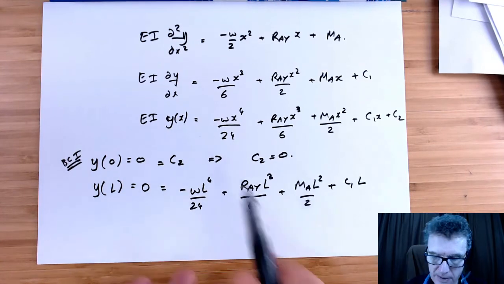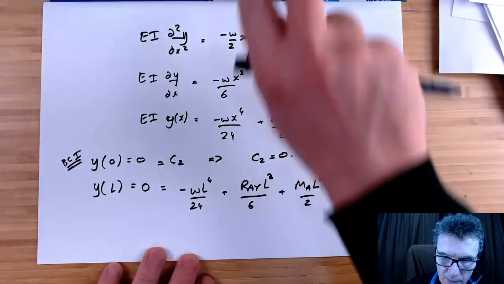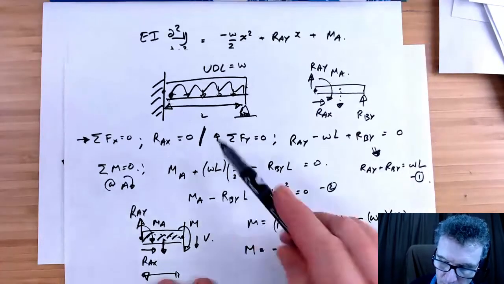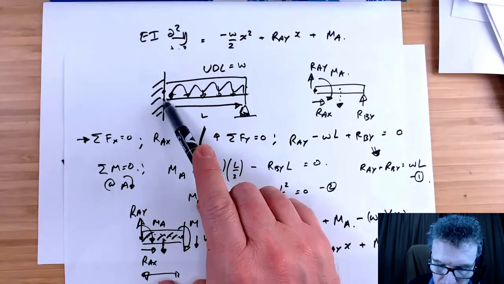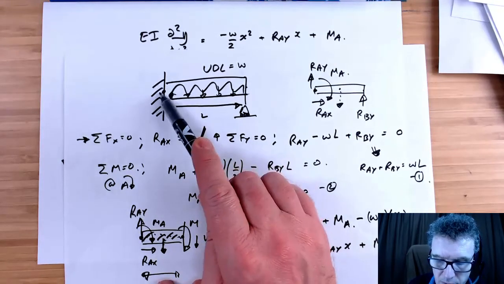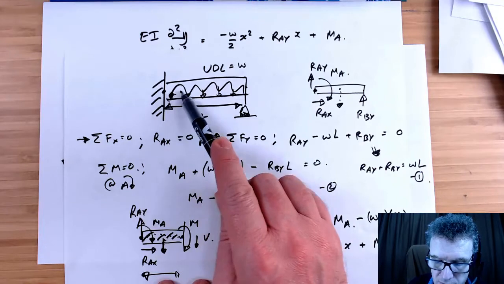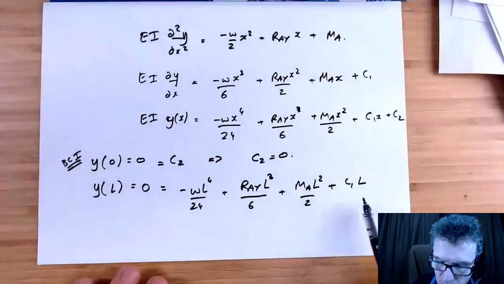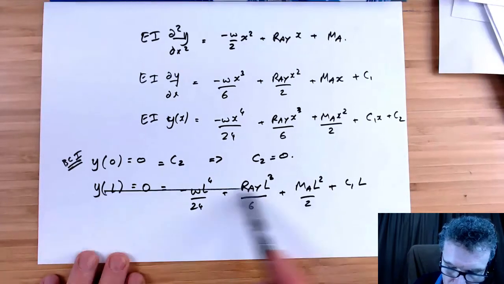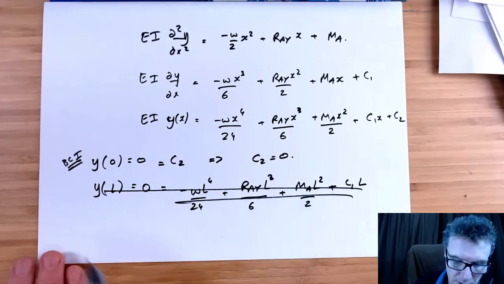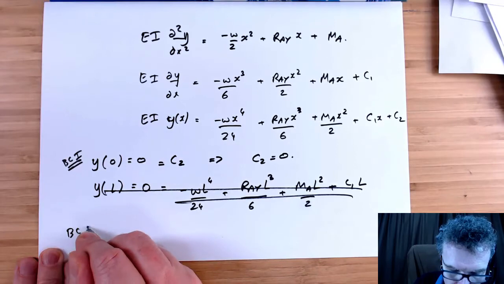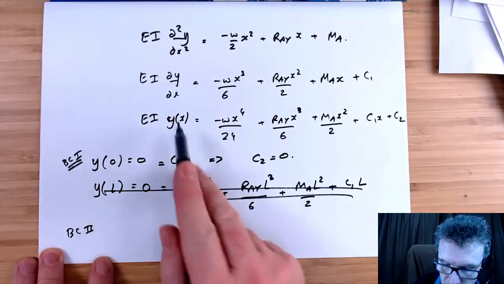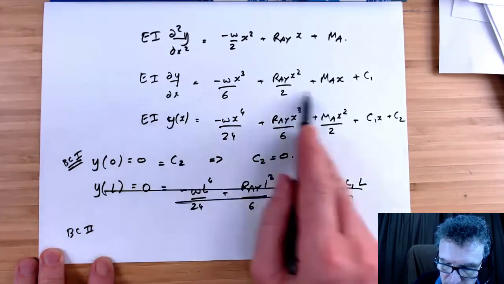Yeah. So if we imagine this thing here, it's attached to the wall, so the gradient is going to be 0 here. That will get rid of my C1 nicely. So we will scrap this and we'll do boundary condition 2. We're going to use this thing here instead.